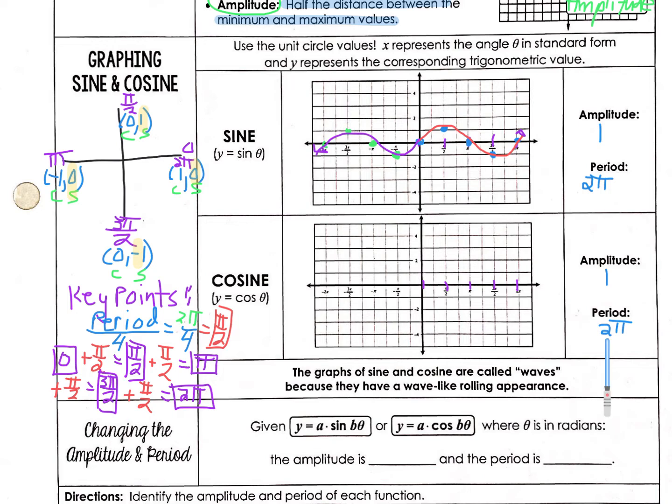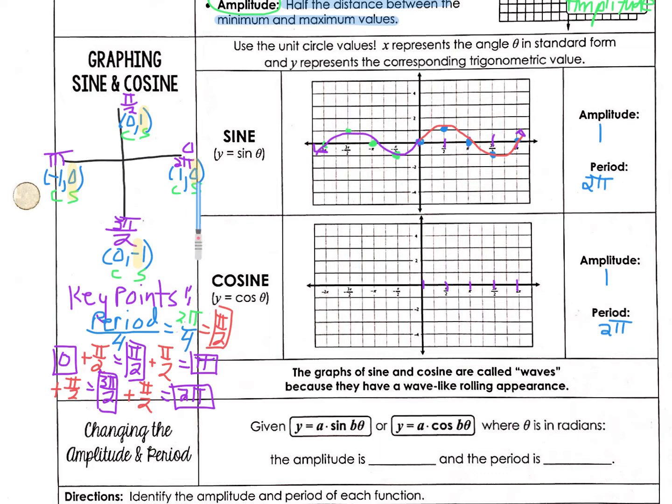So we're still getting these same key points. Anytime your period is 2 pi, you are going to have these 5 key points, which are the same points as the north, south, east, west axis poles. All right. However, notice that the value at these angle measurements is different for cosine. So look at the x value.